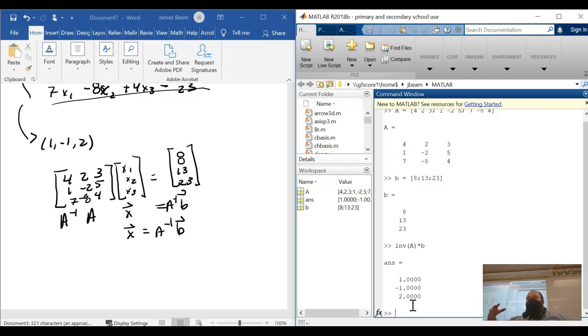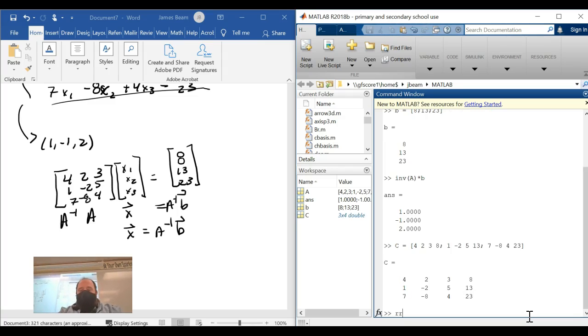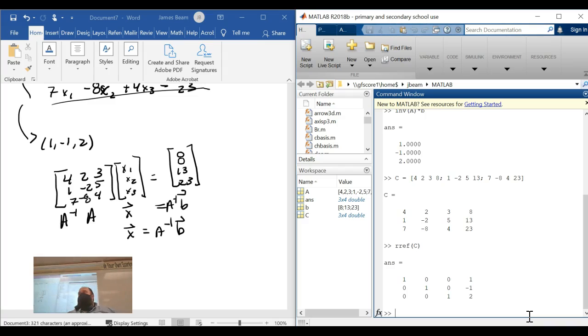So there's an algebra going on here. Now, here's the big question. If I already know Gauss-Jordan, right, so why not just do C equals 4, 2, 3, 8, 1, negative 2, 5, 13, 7, negative 8, 4, 23, and RREF C and get the same answer?